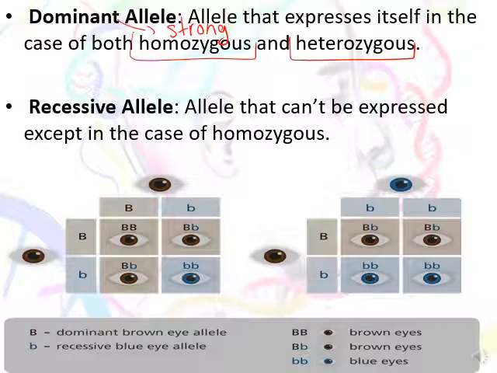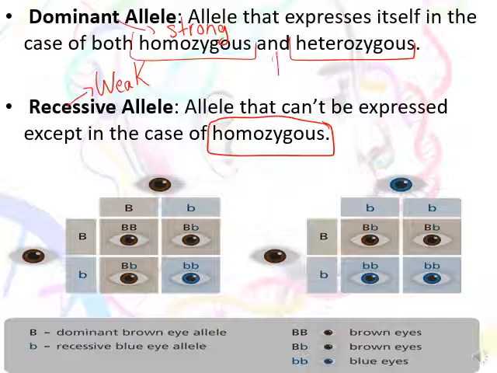What is the meaning of recessive allele? The recessive is the weak allele, the weak that cannot be expressed unless we have two weaks together, so in the case of homozygous. For example, with the blood groups, the dominant alleles are A and B, while the recessive is O. So O cannot be expressed unless we have two O alleles.